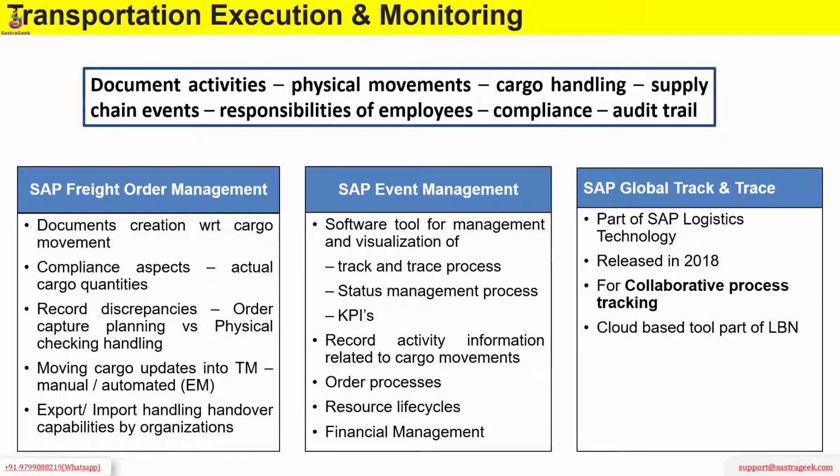Nobody wants discrepancies, first of all, but something will go wrong as always, right? So how do you handle that particular situation? Why these discrepancies typically happen is maybe just a manual human error. You have some quantity to be loaded in the truck, but then the quantity is less, or more quantity has to be taken, or whatever.